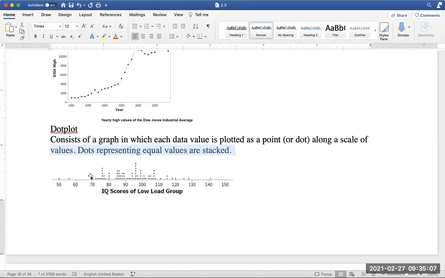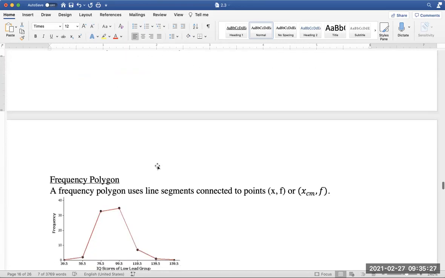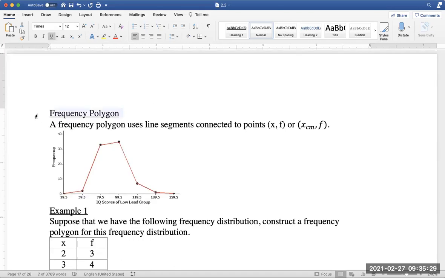And you notice it looks almost like a little histogram. So you can tell the shape of your distribution, somewhat symmetric here, using this dot plot.